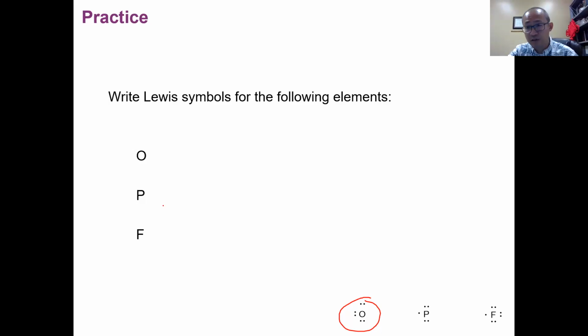Phosphorus, group 5 element, has 5 dots: 2 pairs and 1 single. Fluorine is a group 7 element, so there are 7 dots: 3 pairs plus 1 single. Again, practice drawing, even though it looks simple, because assignments and tests ask you to draw these structures.